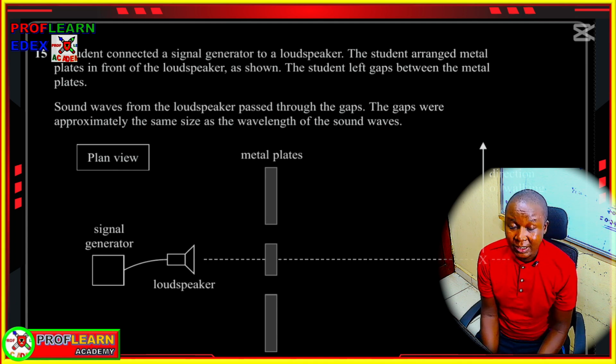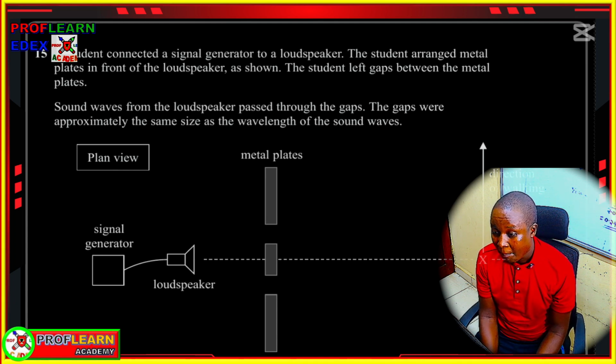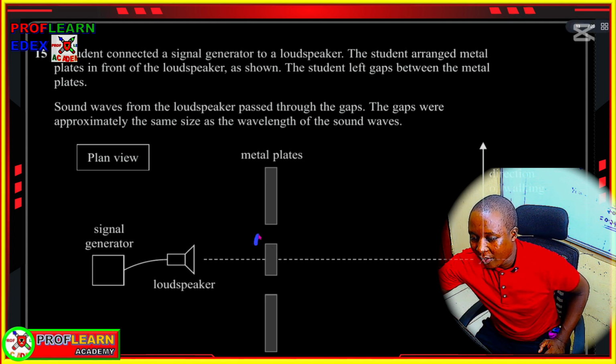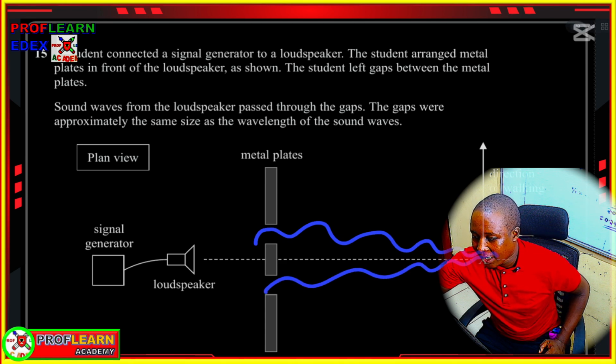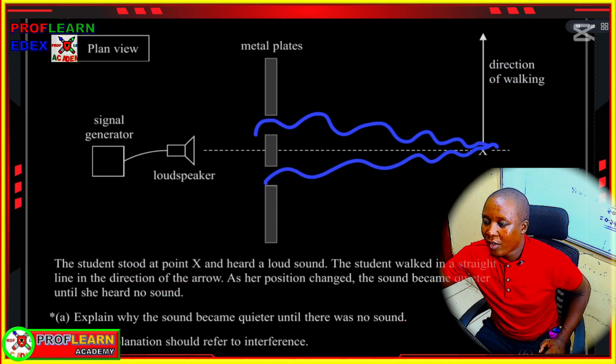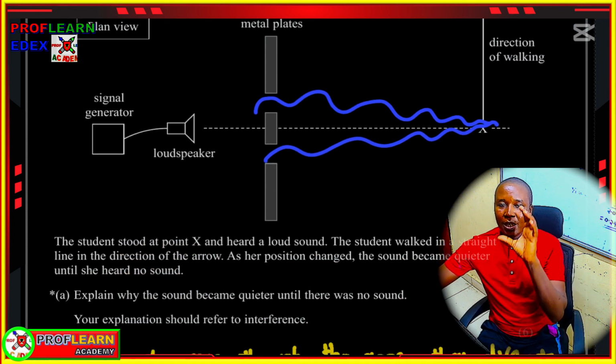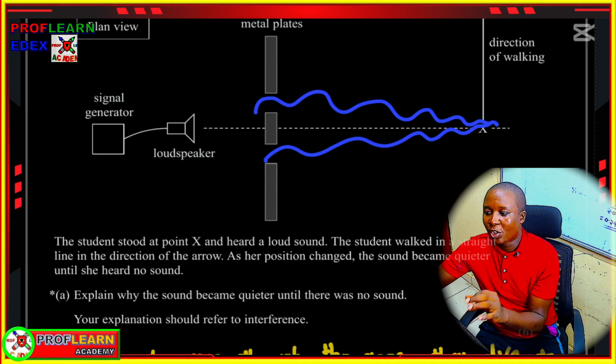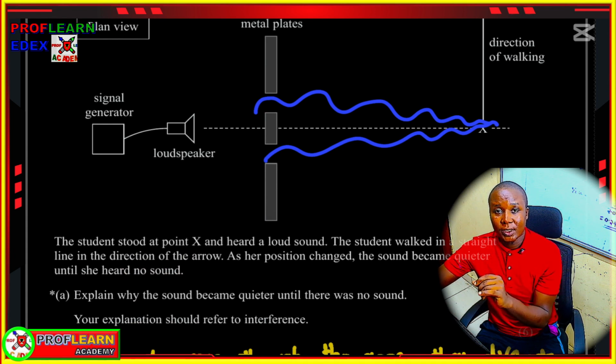Now, how does constructive and destructive interference occur here? When a wave travels from this particular end and another one travels from that end, wherever the two waves meet, if they meet while they are in phase, then constructive interference is going to take place.